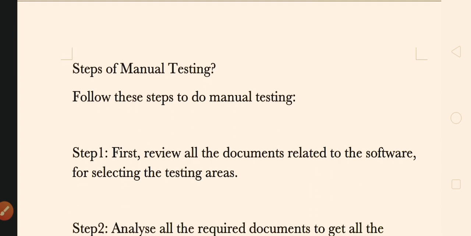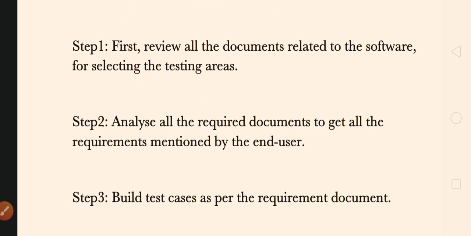Now, what are the steps of manual testing? If we want to do the manual testing of any software ourselves, what steps do we need to follow? First step: review all the documents related to the software for selecting the testing areas.